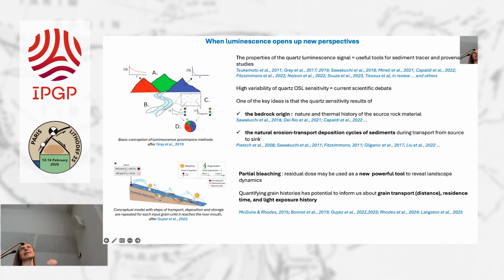The key idea is that the sensitivity comes from the bedrock origin, but also depends on the erosion, transfer, and deposition cycles that the grain has recorded. Partial bleaching is always a problem when you want to do OSL dating. But in fact, many people now are using partial bleaching to understand and try to reconstruct some history of the grain transport. So what is a problem can be used as an advantage with luminescence dating.